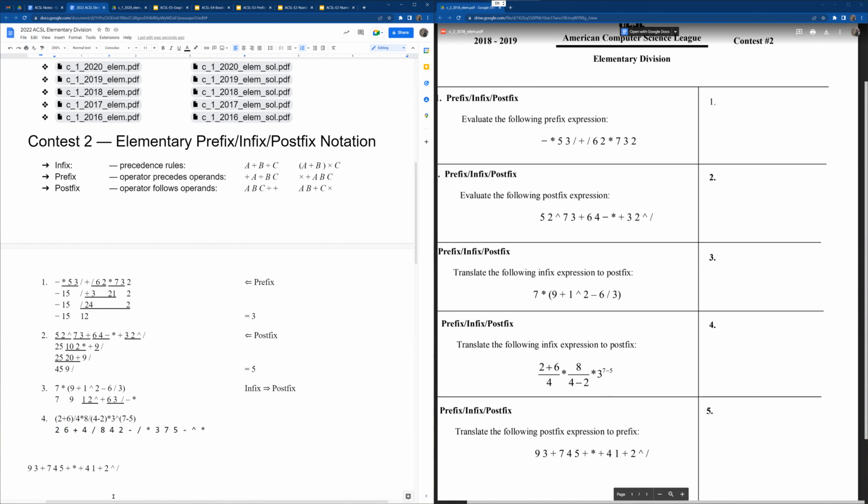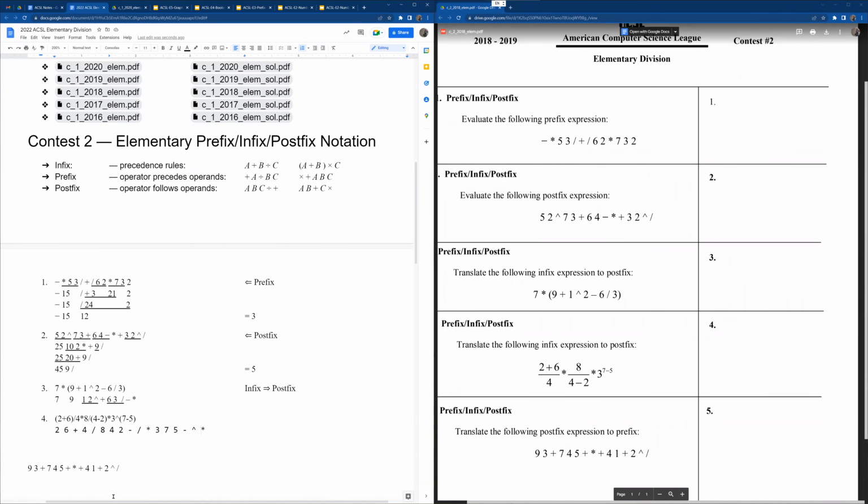And then that part is also done, and then you do the multiplication. And then this part is also done. That's 3 to the power of 7 minus 5, and then you do that multiplication in the end.